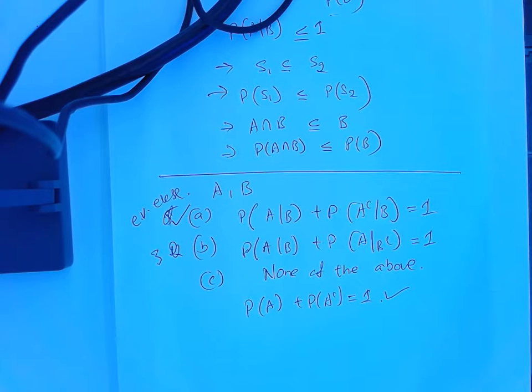So again, given that B happens, either A happens or does not happen. There are no other options, right? So that is correct. If somebody tells you B happens, then the only two options are either A happens or A does not happen. If this is the probability of A happening, this is the probability of A not happening. They have to add up to one. English, just intuitively, that's all. Next thing we'll do is we'll prove it. Alex.